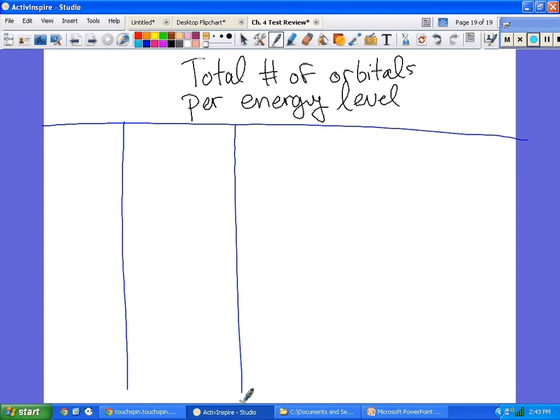What I want to write here is the N, which is the principal, or really it's the energy level. That says energy level, okay?